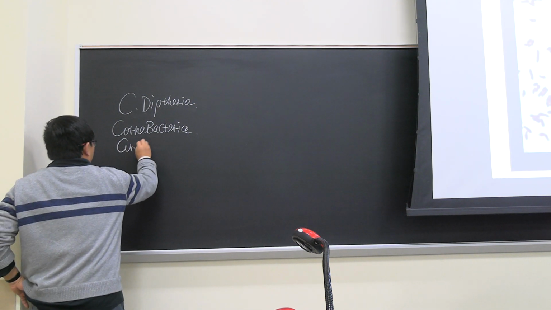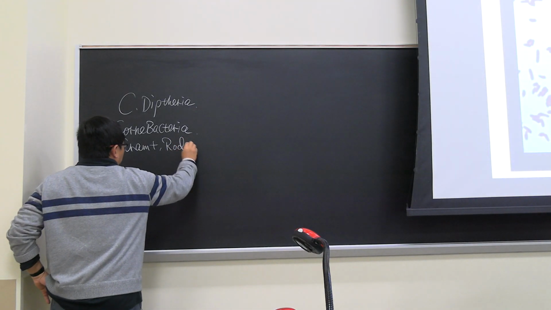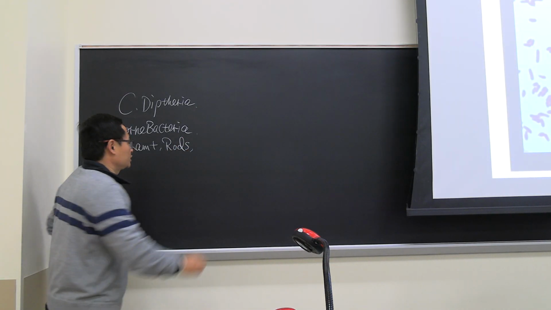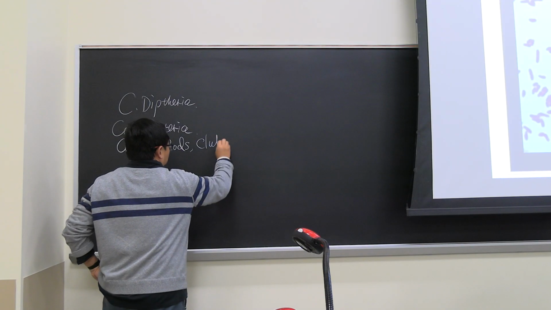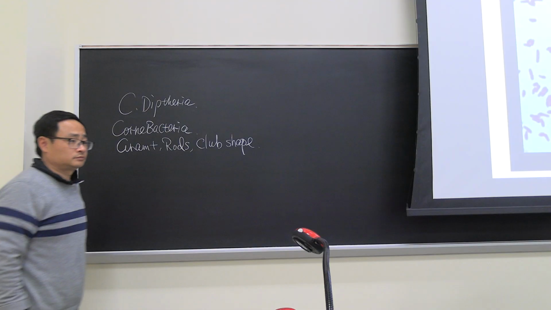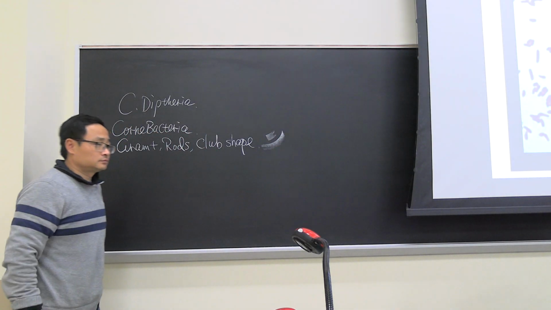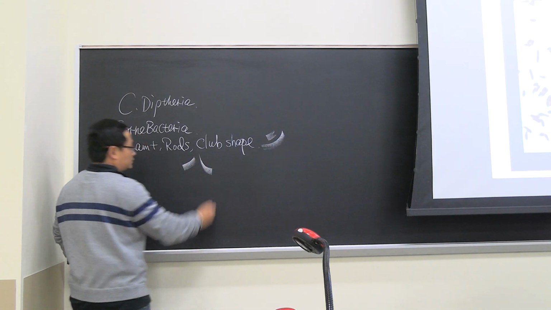This is a Gram-positive rod, club shape. So what does it look like? Do you feel it looks like this? Do you feel it looks like that?